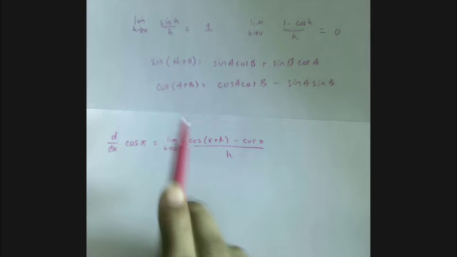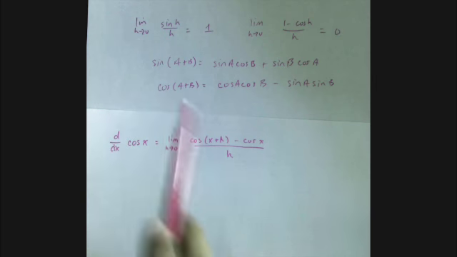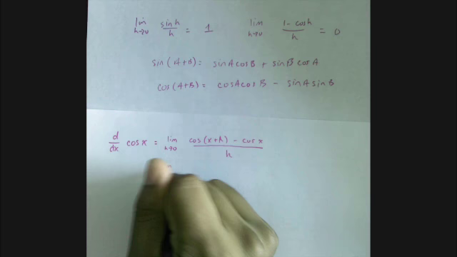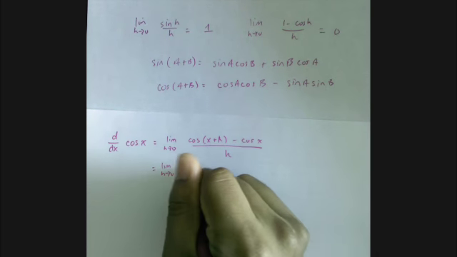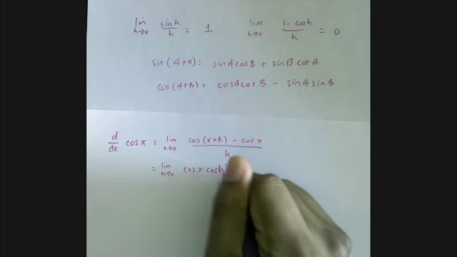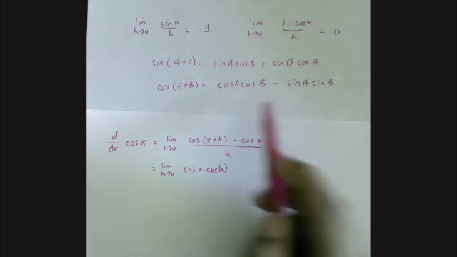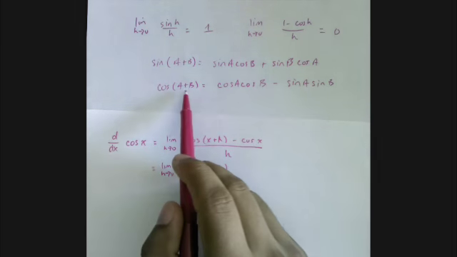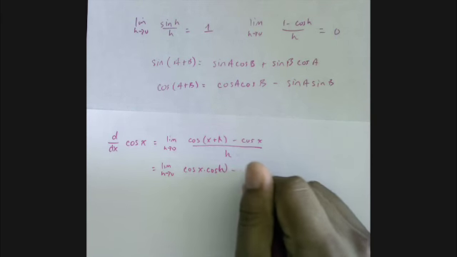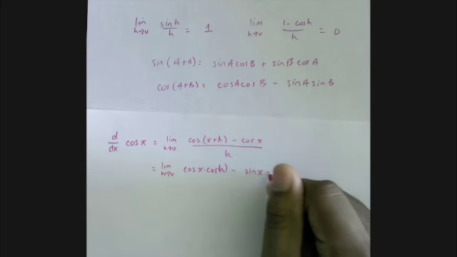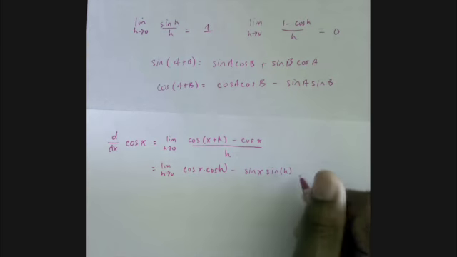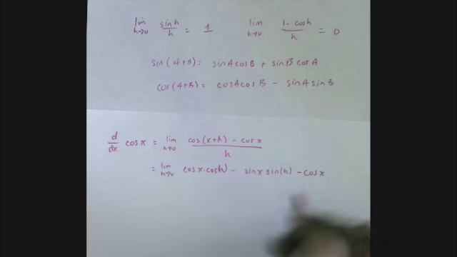Cosine of x plus h was equal to this identity here, x being a, h being b, so we'll rewrite, and we'll get the limit as h approaches 0, cosine x times cosine h in parentheses, and then notice that it is the opposite sign, so it's not going to be a plus sign here, it will be a minus sign, minus sine x times sine h, and then we'll have the minus cosine x at the end, and this quantity will all be divided by h.